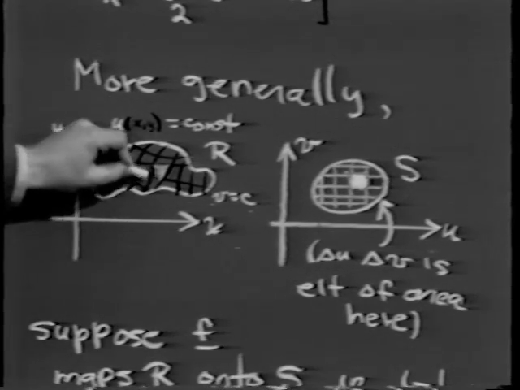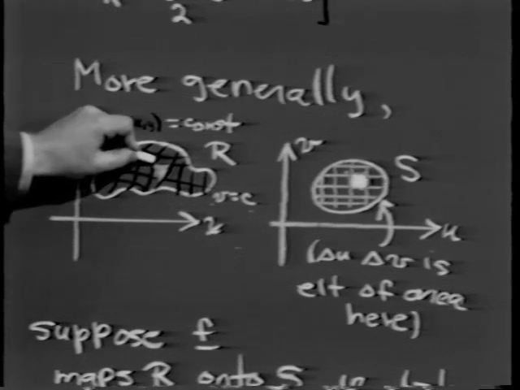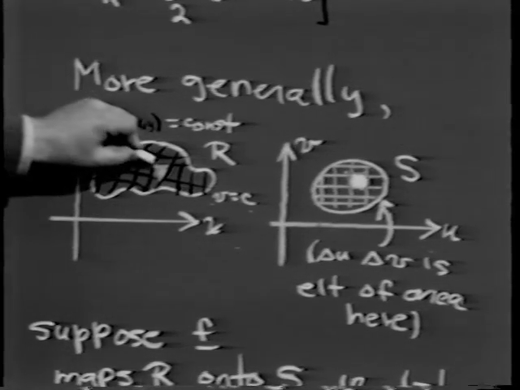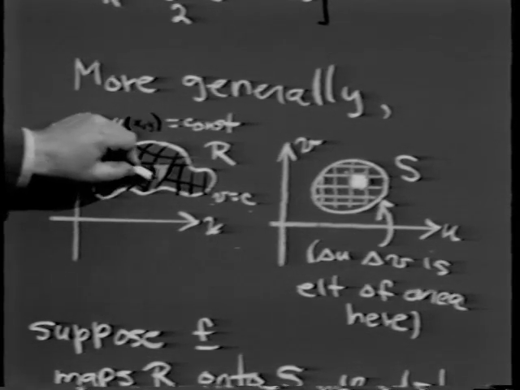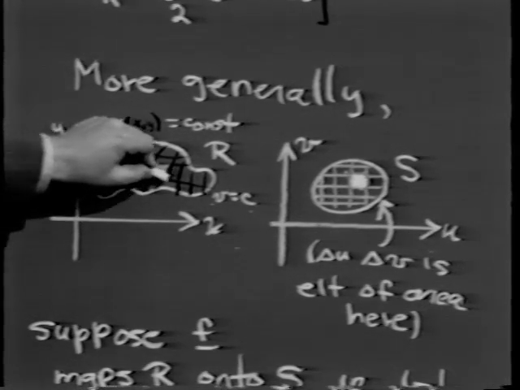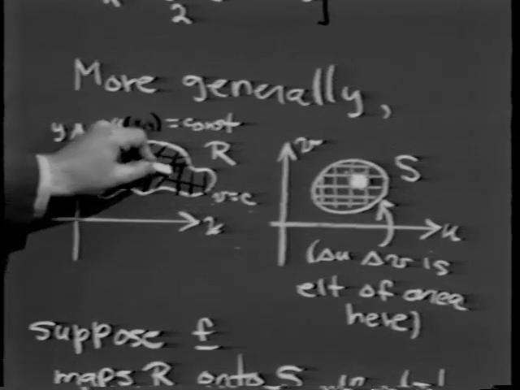Notice that you can take delta u times delta v here, but delta u times delta v simply means multiplying two edges which aren't straight lines, which aren't necessarily perpendicular, and hence in no way should represent what the area of this little element here is.